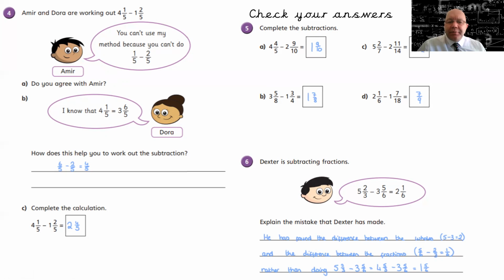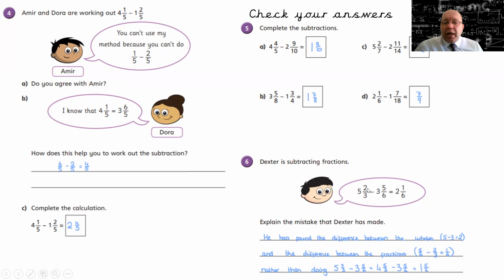And for 6, Dexter is subtracting fractions. Explain the mistake that he's made. Okay, well, he's come up with his common denominator. He's got 4/6. So 5 take away 3 is 2. That's fine. And then he's got 4/6 take away 5/6 is 1/6. So he's got that the wrong way around, hasn't he?